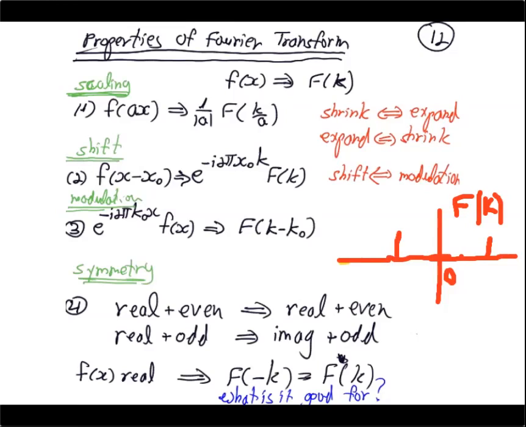So F of minus k, this point over here, will be the conjugate of this point. That means you really only need to know half of the Fourier transform in order to be able to complete the other one. There's redundancy from the fact that the function is real.